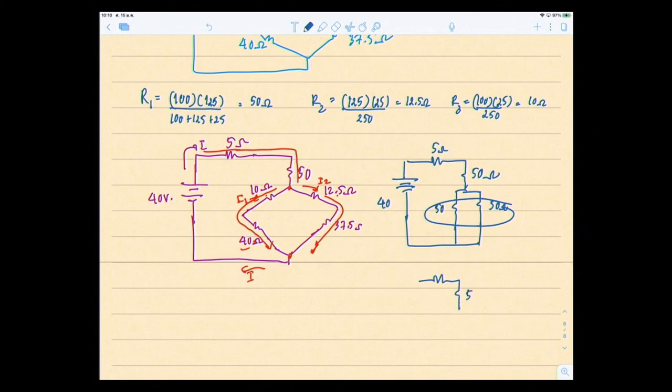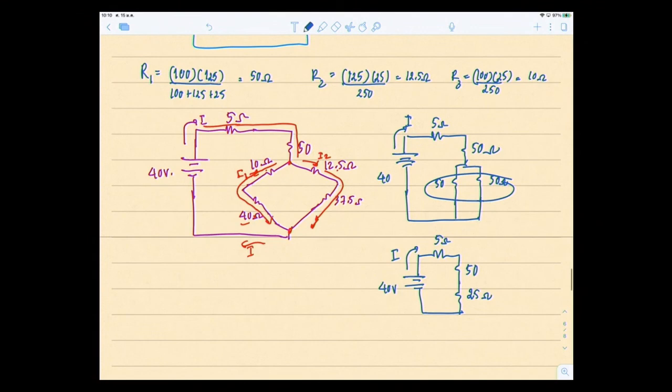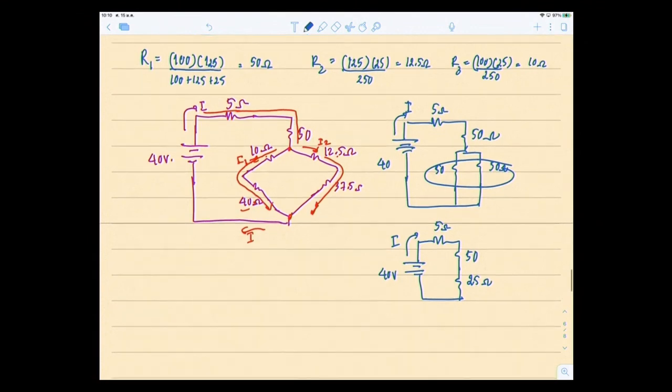So you have the 5 ohms, 50 ohms, and this becomes 25 ohms, with the 40 volt source. I is still in the same place, it hasn't changed. We haven't altered it from the original circuit.